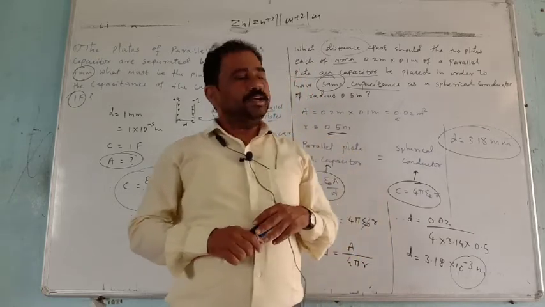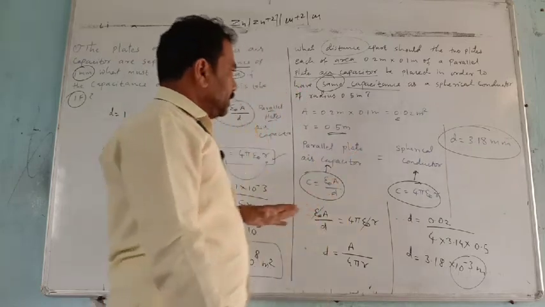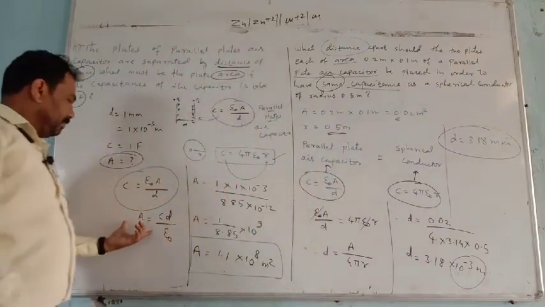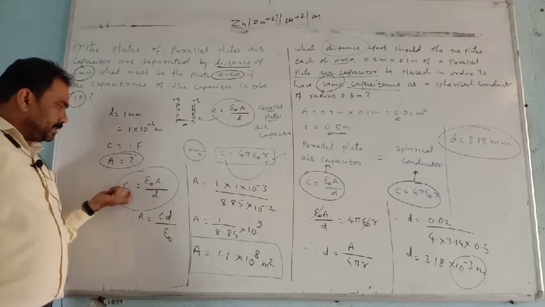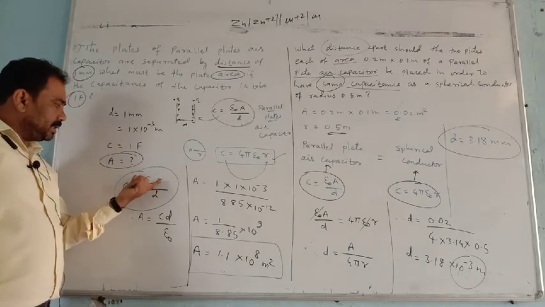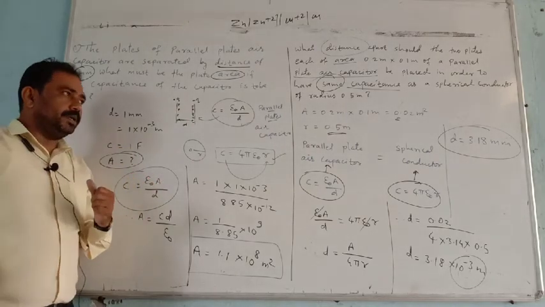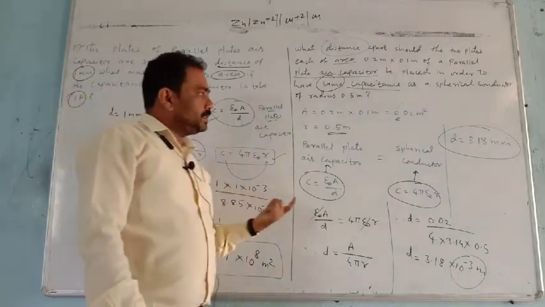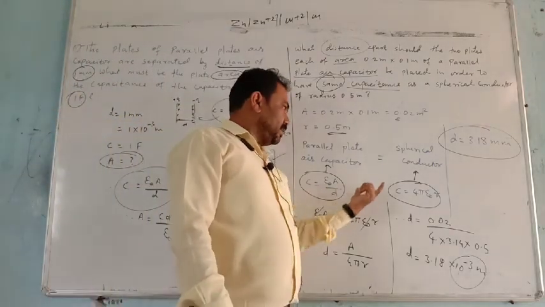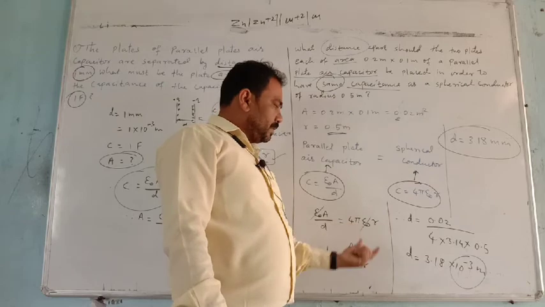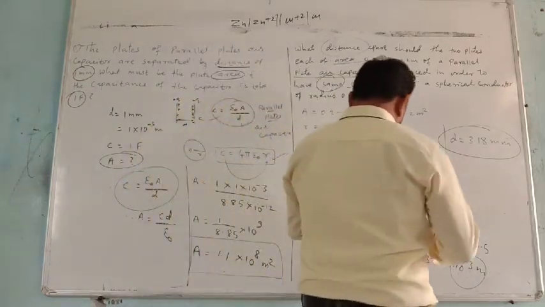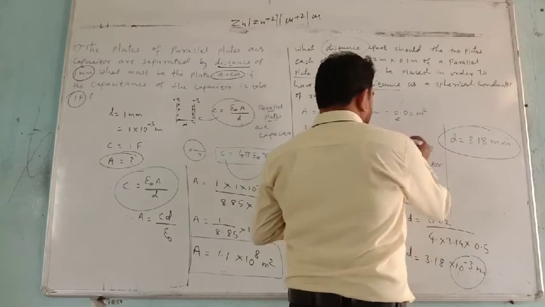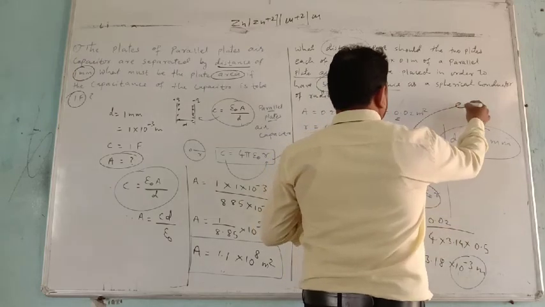We will discuss them later, but at present you have to remember the capacitance of a parallel plate condenser, epsilon naught A upon D, and of a spherical condenser, 4 pi epsilon naught into R. Sometimes instead of a spherical conductor, the earth can be given.